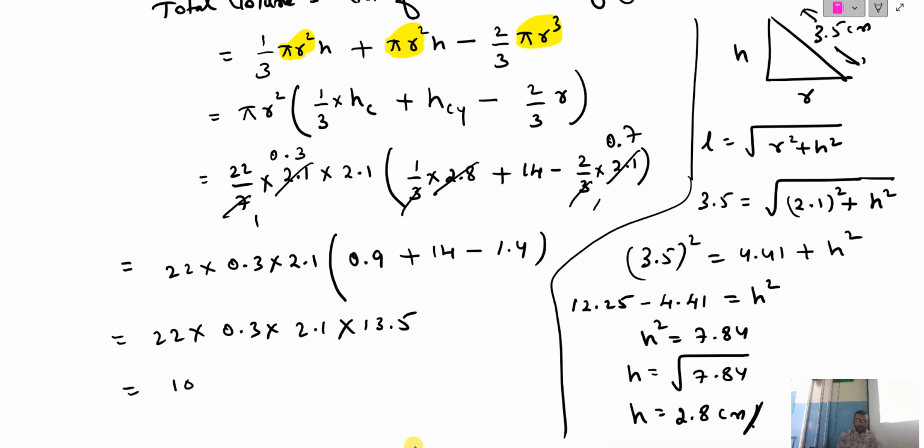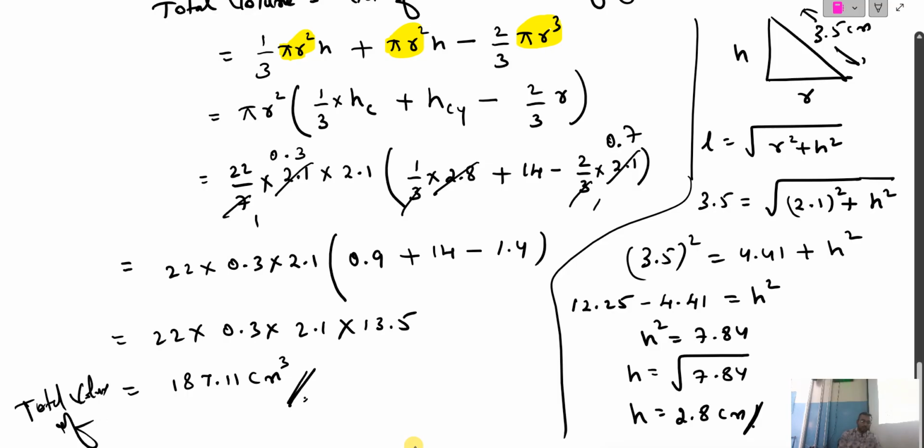So the answer is 187.11 centimeter cube. So this is the total volume of the given solid. Finally write the answer. Therefore, total volume of solid equals 187.11 centimeter cube. Understood?